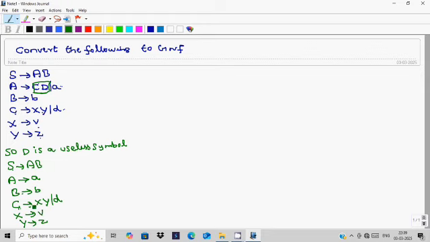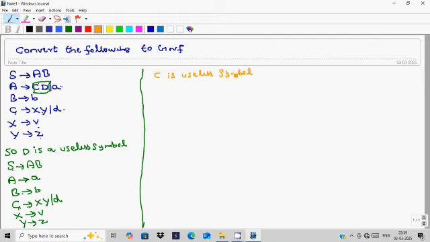In no way is C reachable here. So C is a useless symbol.